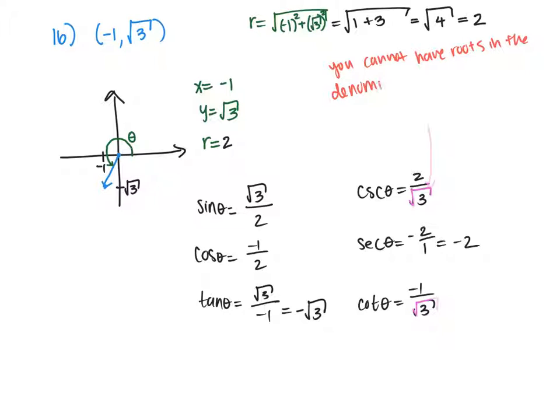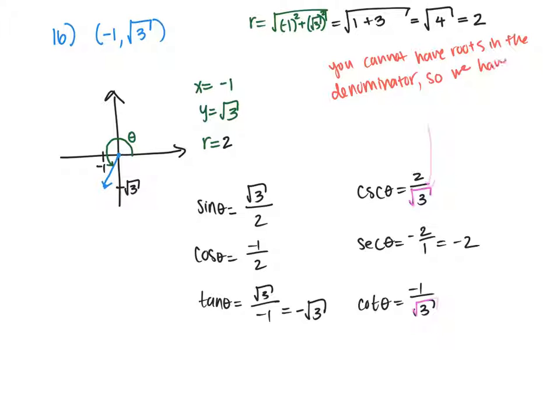The reason why is that you don't want to divide by a rational function because it's very difficult to do that. So you generally want to get rid of that rational number in the bottom.